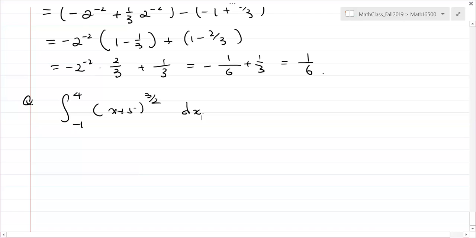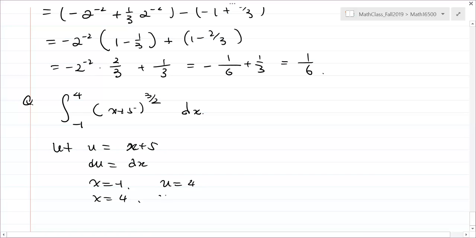Okay, so let's do this problem. We need to just use a substitution, right? u equals x plus 5, then du equals dx, that's simple. So when x equals negative 1, u is going to be 4, right? When x equals 4, u equals 9. So that's the new interval for the new variable.